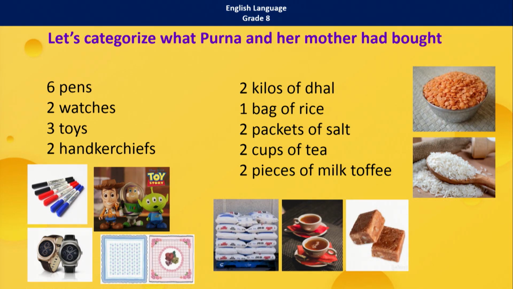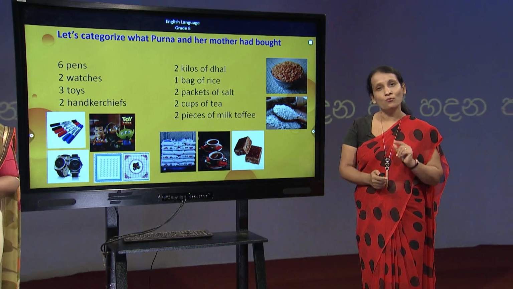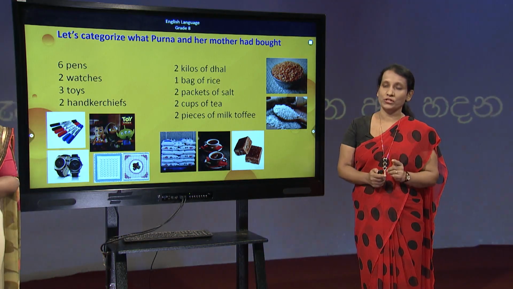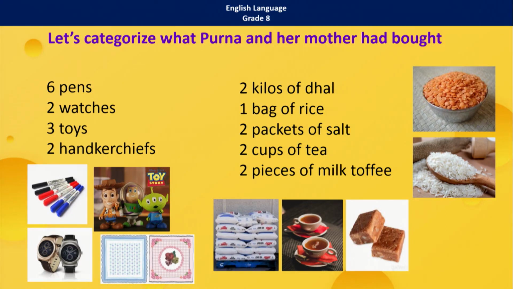Now children, look at the 2 lists, and tell me why I have put 6 pens, 2 watches, 3 toys and 2 handkerchiefs on one side and 2 kilos of dal, 1 bag of rice, 2 packets of salt, 2 cups of tea, 2 pieces of milk toffee on the other side.